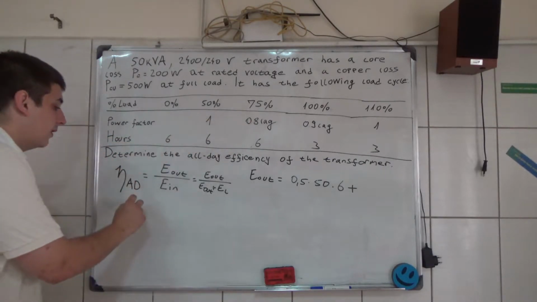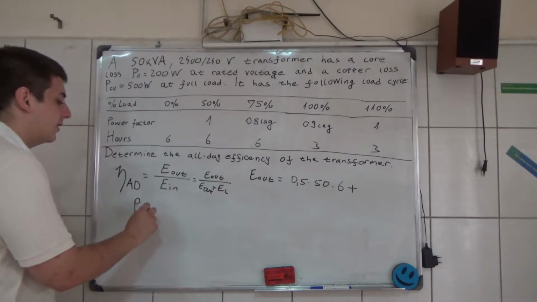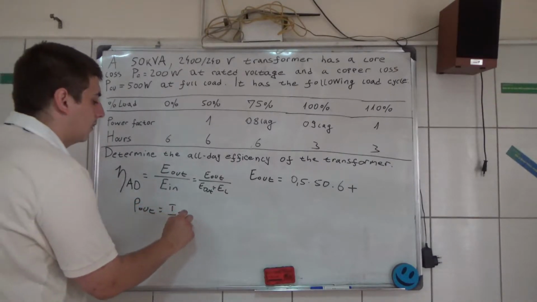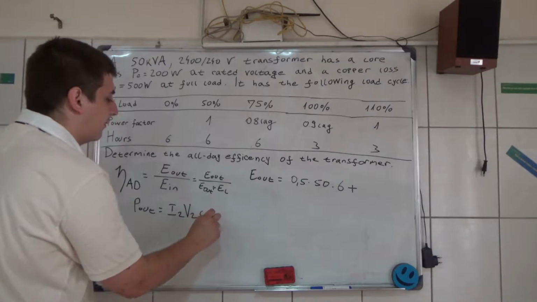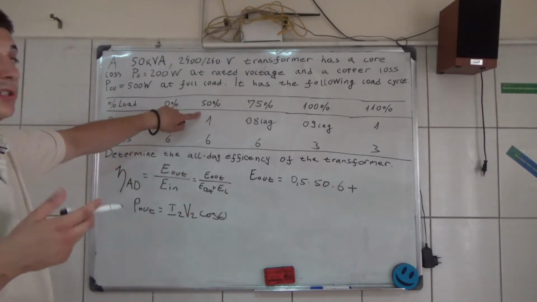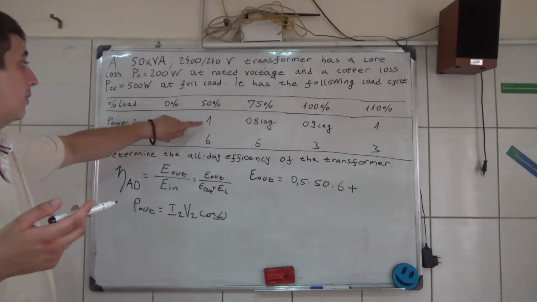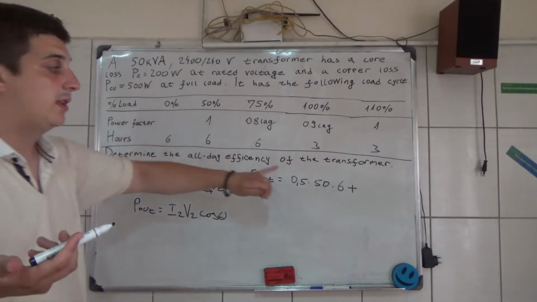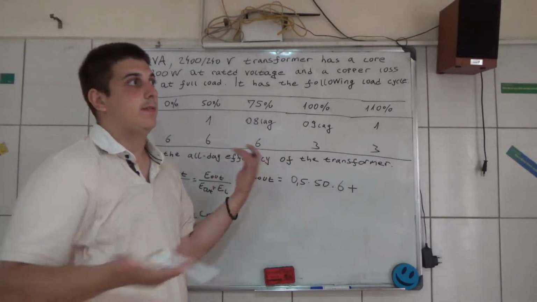You know that the output depends on the current, the voltage, and the power factor, cosine of theta. In the previous situation the power factor was 1, so I didn't write times 1, even though I could.